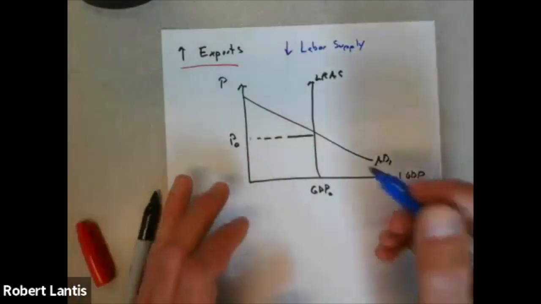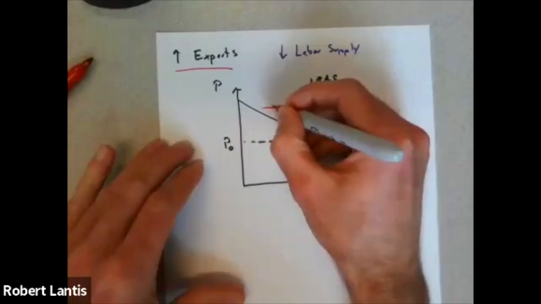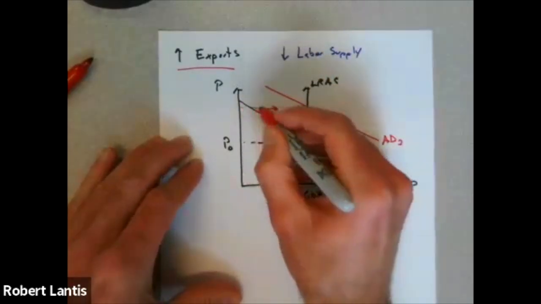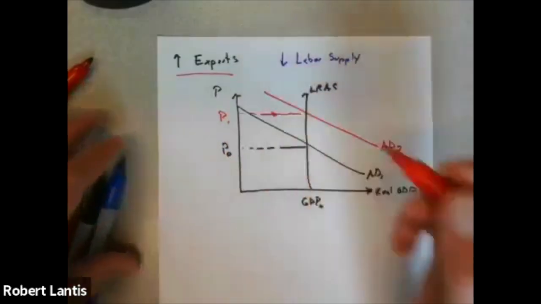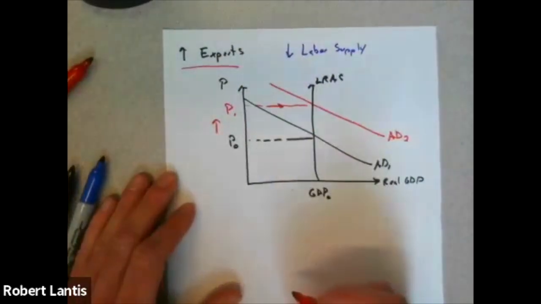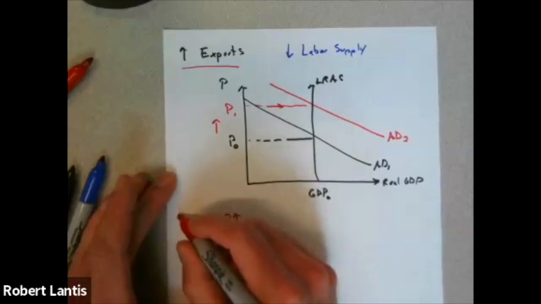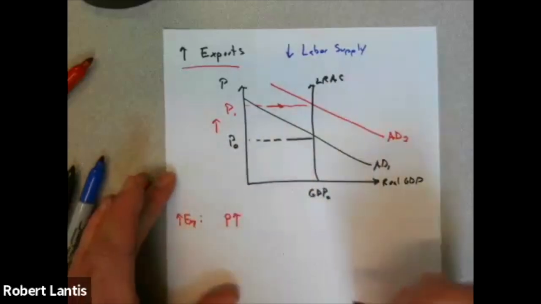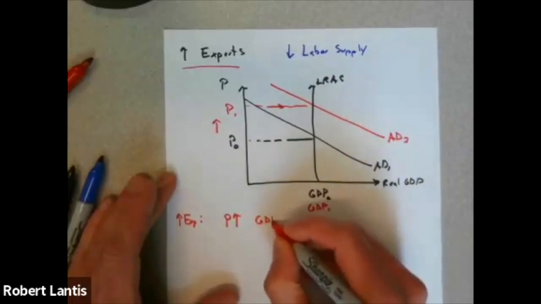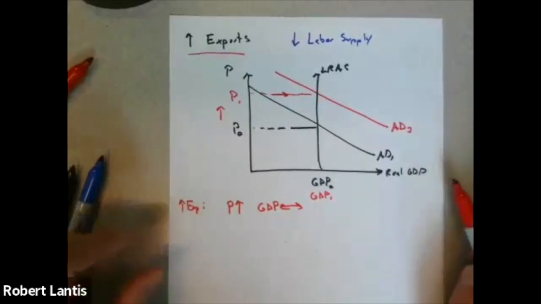If I increase exports, that's going to be a rightward shift, or an increase in aggregate demand. What impacts will that have on my long run prices and long run GDP? Well, prices go up, right? So prices are increasing from this increase in exports, but my real GDP doesn't change at all.